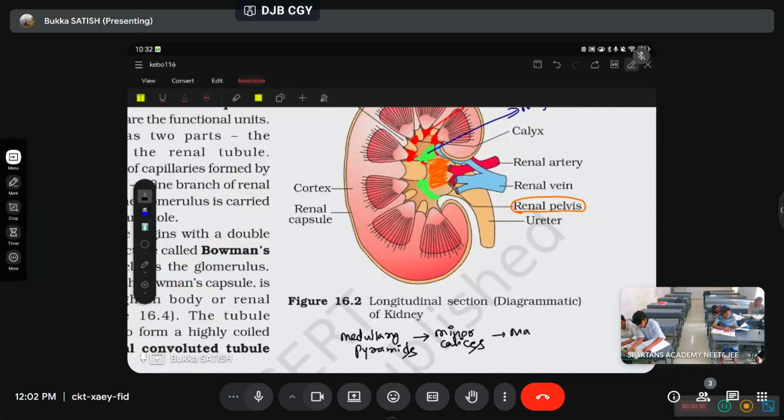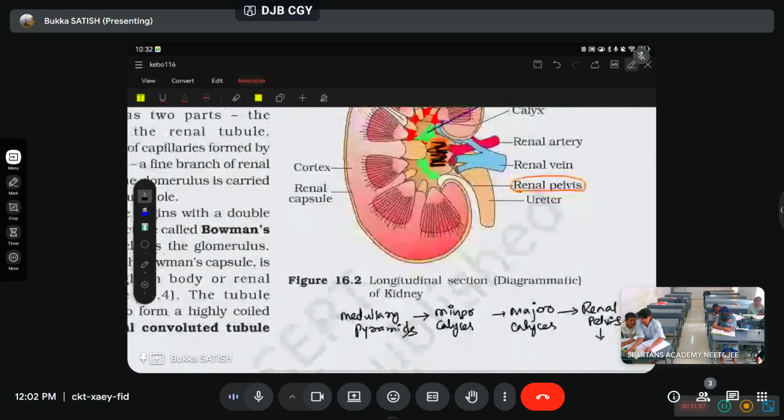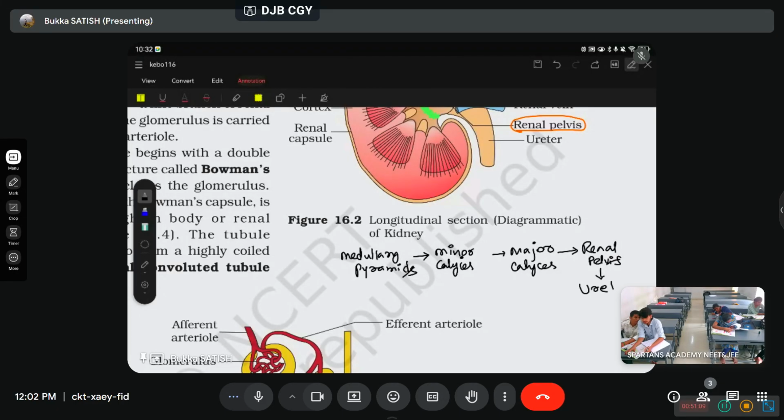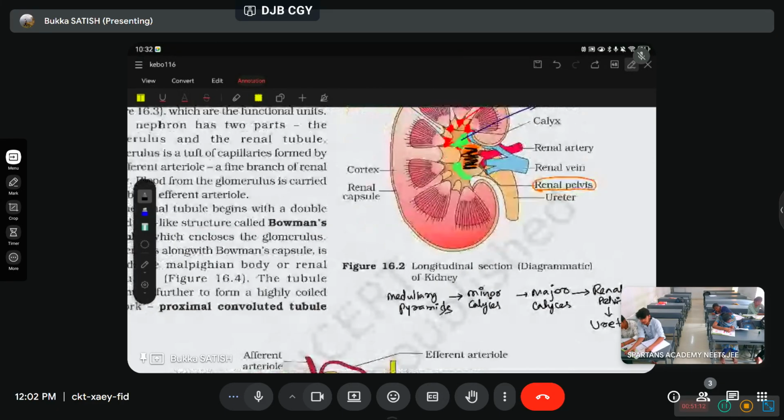Next, major calyces. Major calyces will join to form the renal pelvis. Renal pelvis. This larger chamber is what we call the renal pelvis. Renal pelvis will open into ureter.